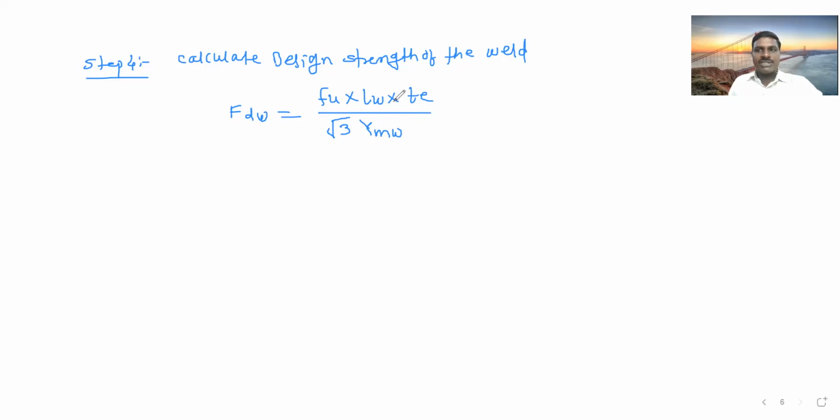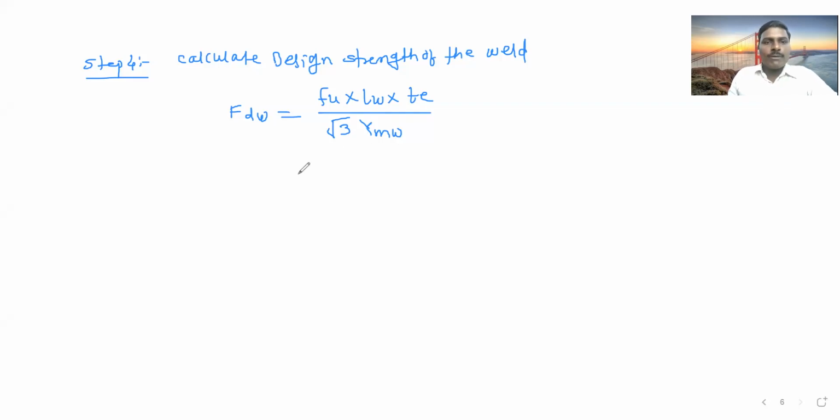In a fillet weld, shear load comes. So this root 3 is for shear. So always shear load is carried by the fillet weld. And in butt weld, two types of load come: tension or compression, and shear. And in the fillet weld, only shear load will come.